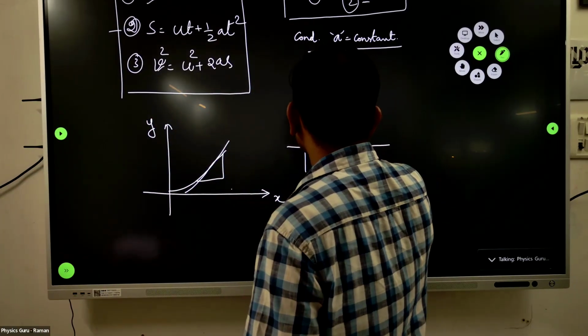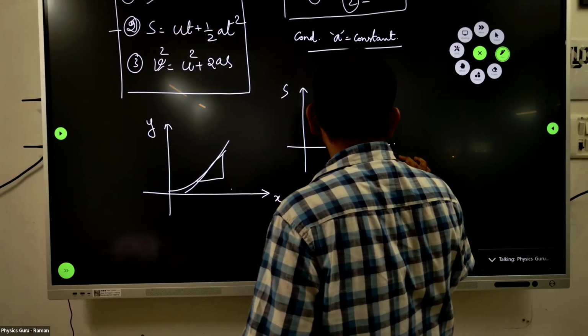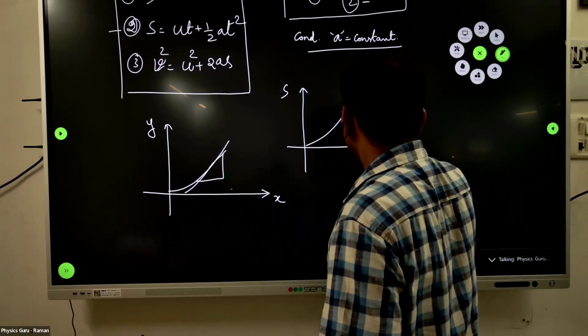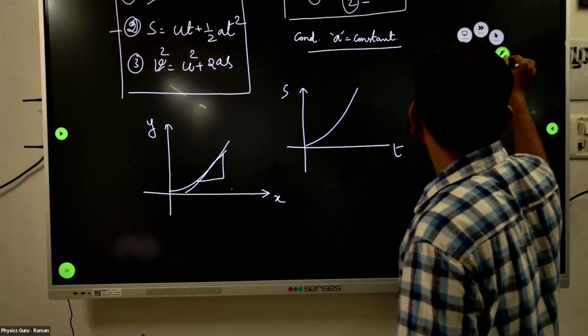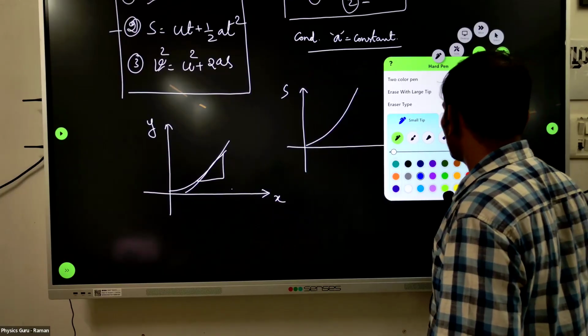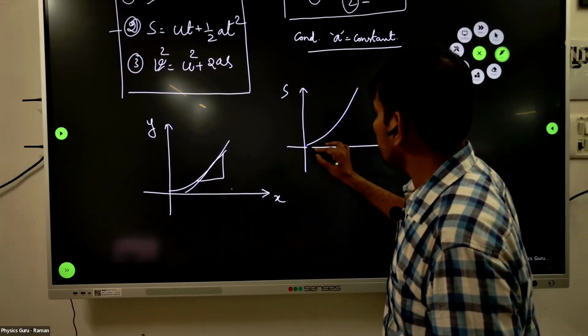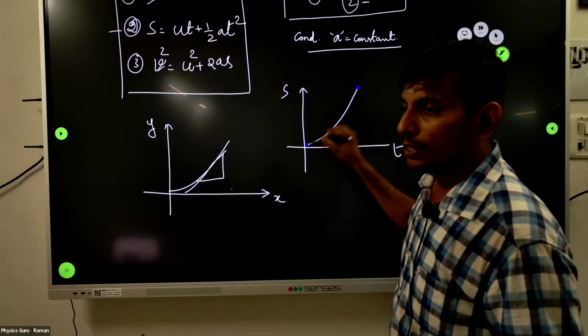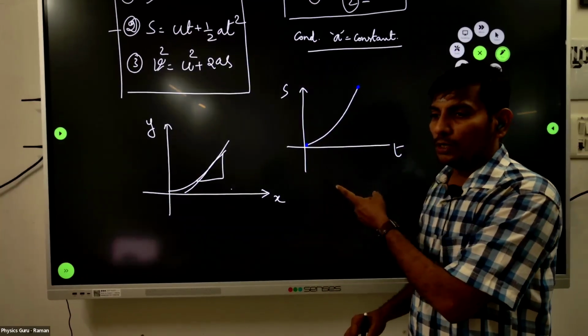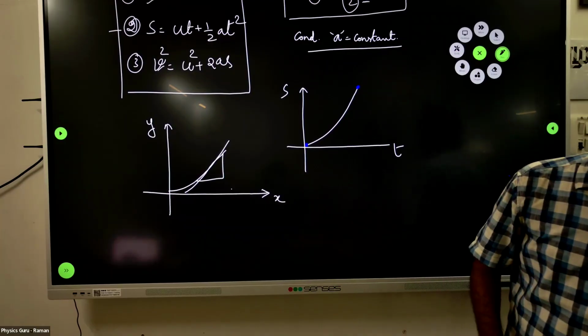Suppose, children, watch this. In a displacement time graph, which is an exponential function, if you are going to find the value between this point and this point, what do you call these 2 points which I have marked? Starting point and end point.